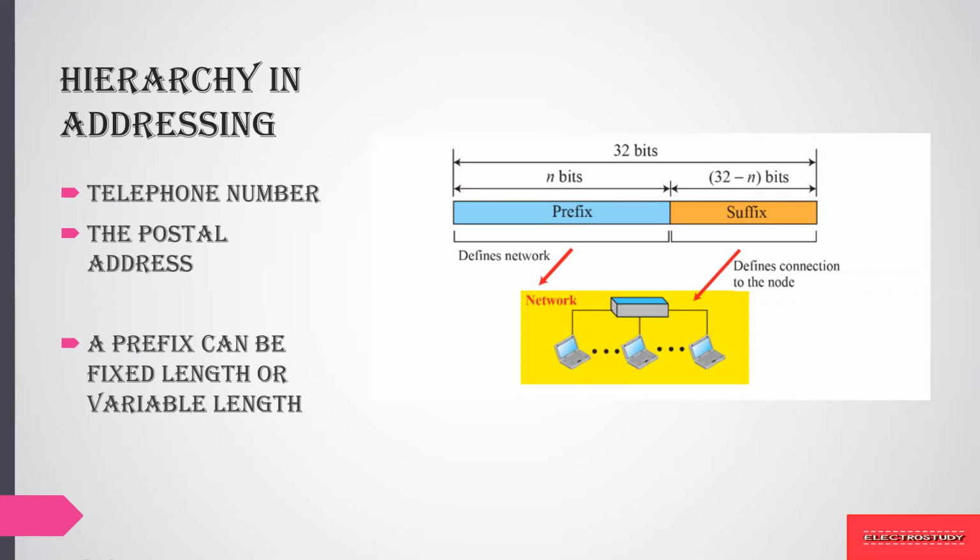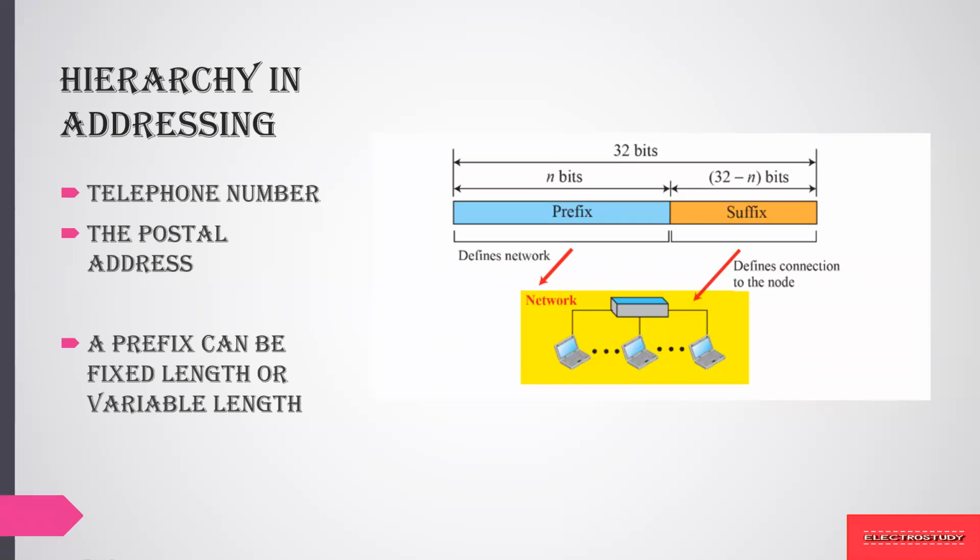So for different countries, there is a hierarchy with the country code followed by the phone number. Likewise, in a postal address, there is a hierarchy. When you send a package or a letter, the sender has to write the from address and to address, post it, and it is sent to the receiver without any change of content.